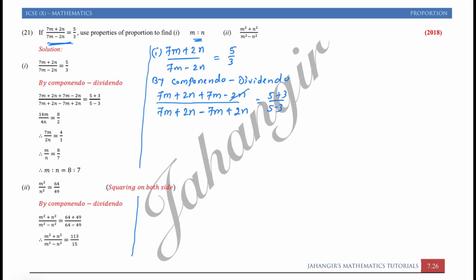So cancelling 2n and 7m, you will get 14m upon 4n is equal to 5 plus 3, 8, upon 5 minus 3, 2. Cancel out again what you can.